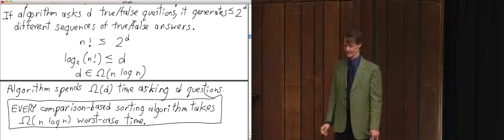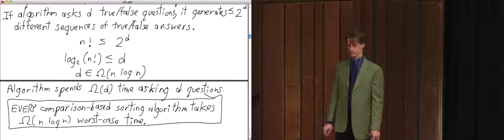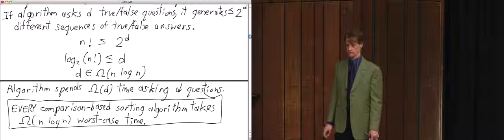What is the number that you're comparing when you say the true and false questions? Because even with the same algorithm, the thing that is being compared at this step might be different. So even if it gets the same true and false answers, that may refer to two different numbers. How do you know that that's the same permutation?